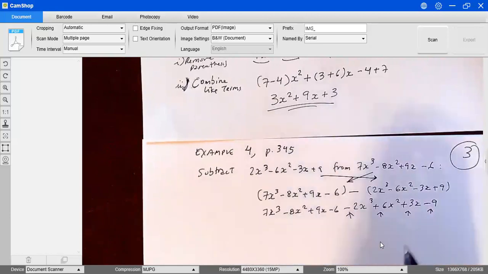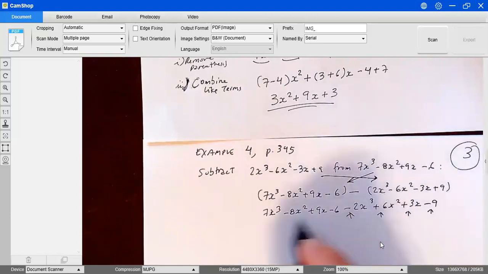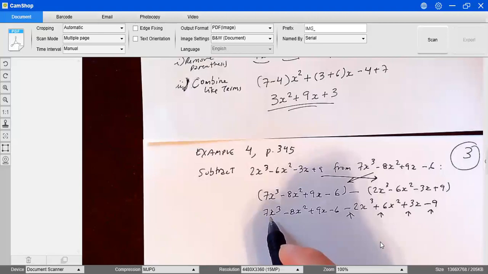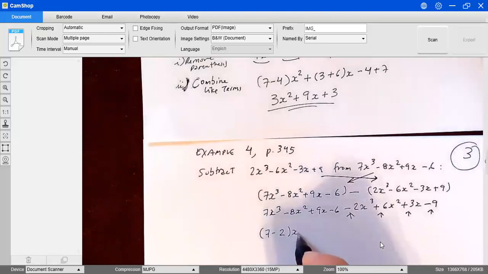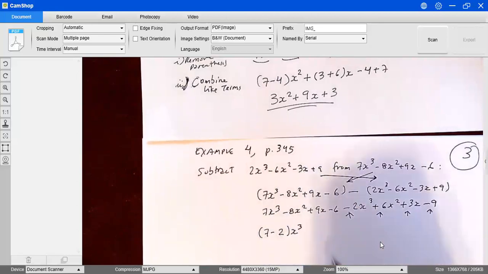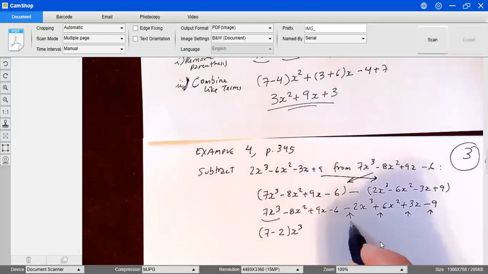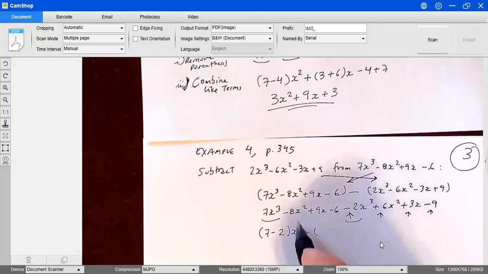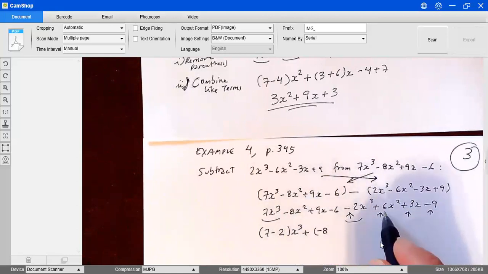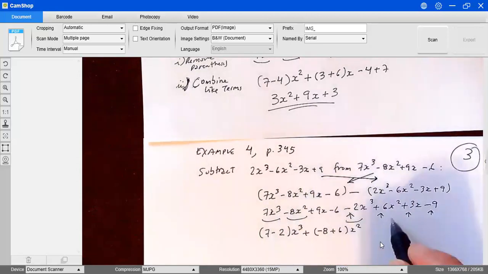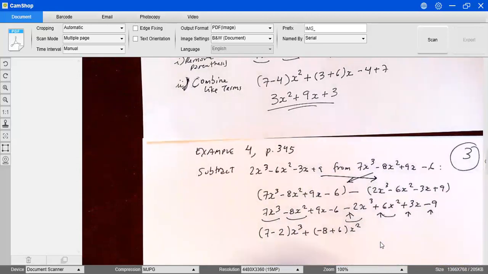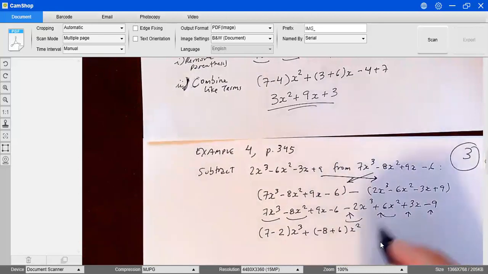Now we can just combine like terms again. So you have the coefficients of x cubed, 7 minus 2, then we have always a plus sign, and then the coefficients negative 8, positive 6 for x squared, and you mark these two.